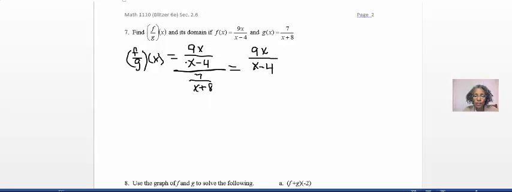So this numerator is called a minor fraction, and so is the denominator, 7 over x plus 8. And so the main fraction bar, any of the fraction bars, can be replaced by division. You just have to make sure you're dividing by the appropriate expression. So I'm dividing by 7 over x plus 8.